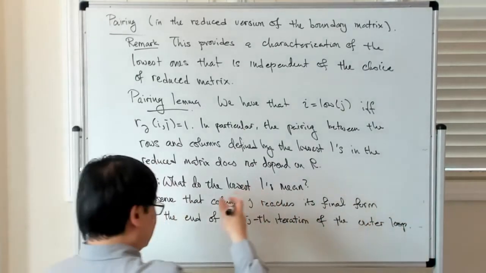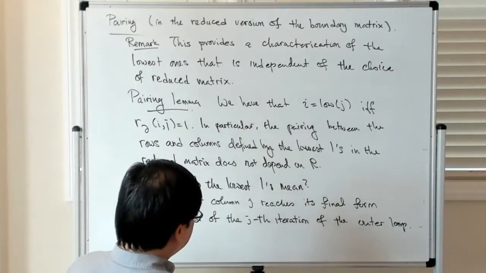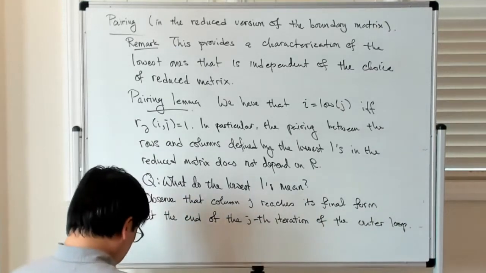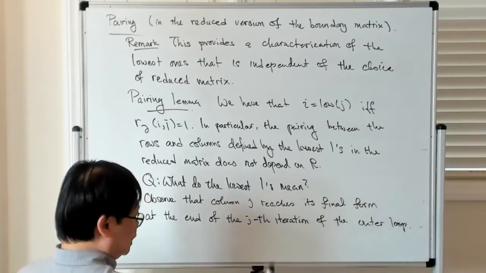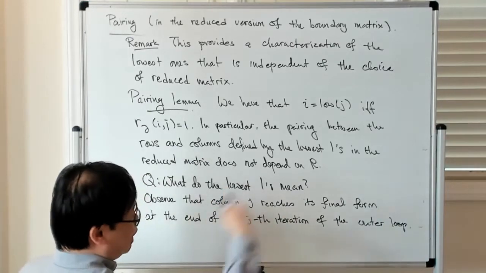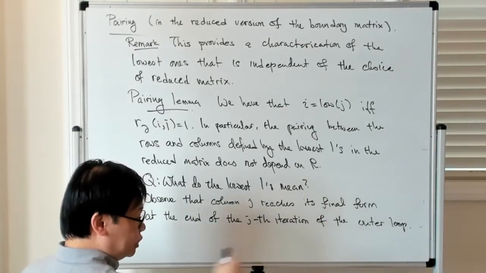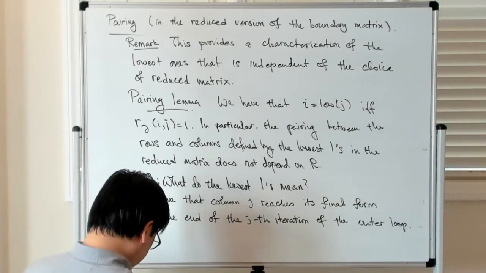Because if you recall, the loop goes through the columns. It starts at the first column and then goes to the second, and it adds stuff to the left of it to that column. So once you're past that Jth iteration of the outer loop, you're not going to add anything to the Jth column anymore.